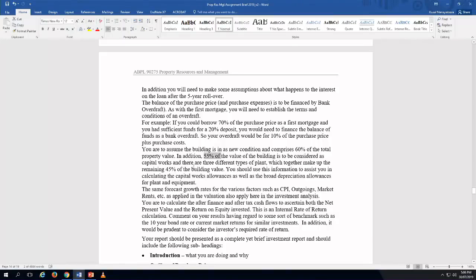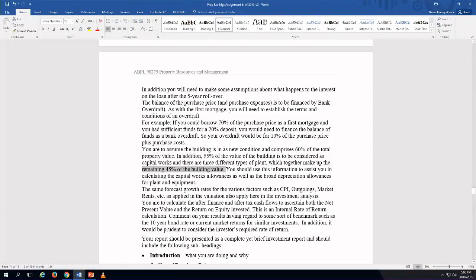Capital works, and there are 3 different types of plant which together make up the remaining 45% of the building value. Then the remaining 45% of the building is plant, and you can claim depreciation on that plant. Depreciation and capital works allowances. Right.